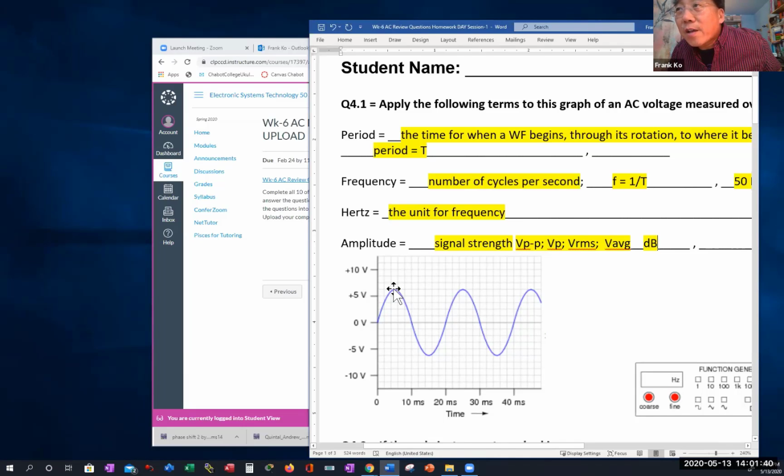There's 5, but each one of these is worth 1, 2, 3, 4. Okay, so look at this very carefully. You don't have, between 0 and 5, you only have 4 divisions in here, yes? So each one of these squares is worth how many volts? It's not 1 volt per square.